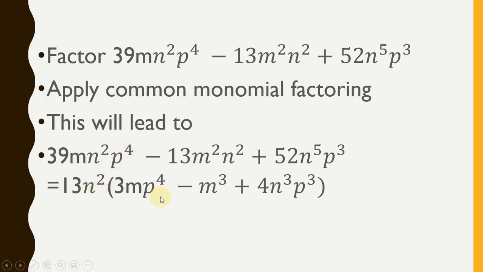So we have 3mp to the 4th. 13m squared n squared divided by 13n squared, we have negative m squared. 52n to the 5th p cubed divided by 13n squared is equal to 4n cubed p cubed. So the answer is 13n squared, quantity 3mp to the 4th minus m squared plus 4n cubed p cubed.